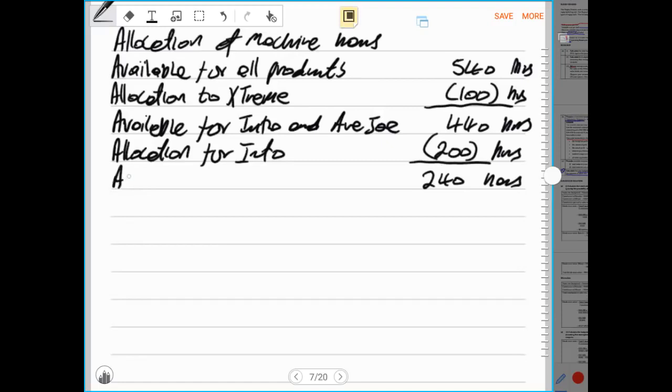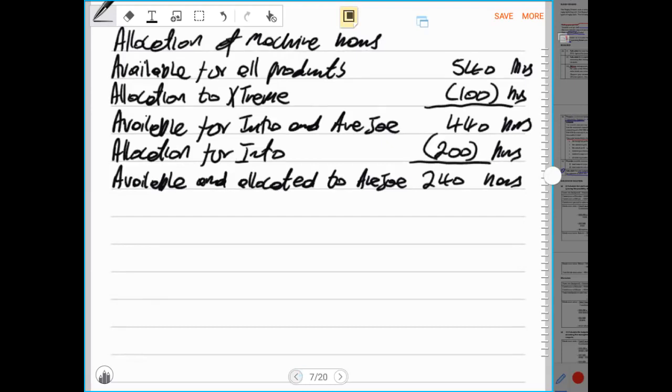So we say available and allocated to Avjo, because the available ones will be allocated to the last product, Avjo.